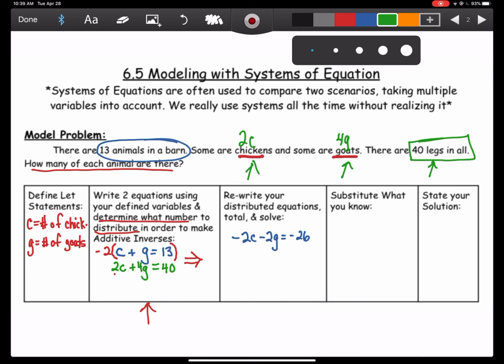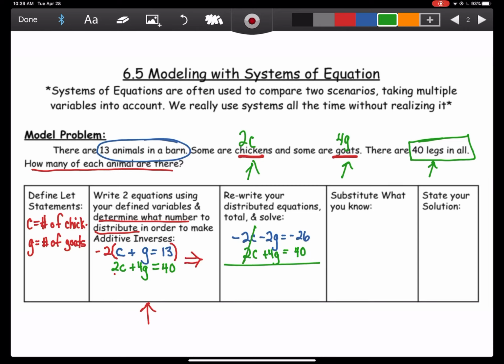And my green equation is going to stay the same. 2c plus 4g equals 40. I total them up, I eliminate c, and I end up with 2g equals 14.